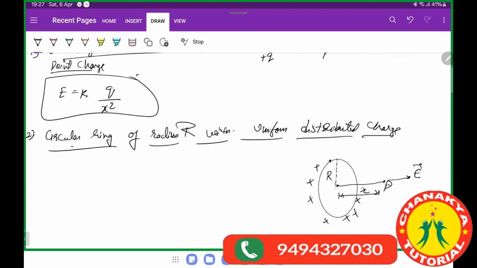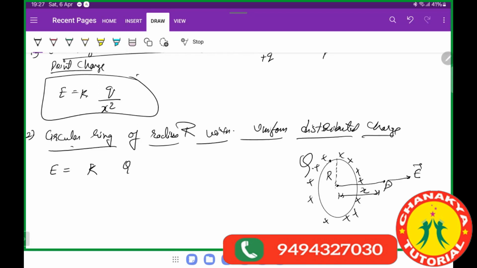When we studied charge properties, we said charge can be added. So if we take the total charge of this ring as capital Q, and on a single small distance a small charge dq, the total electric field is K, capital Q, into x.